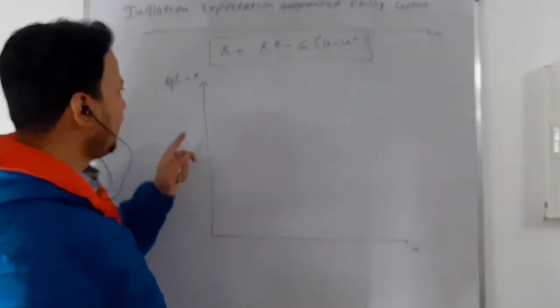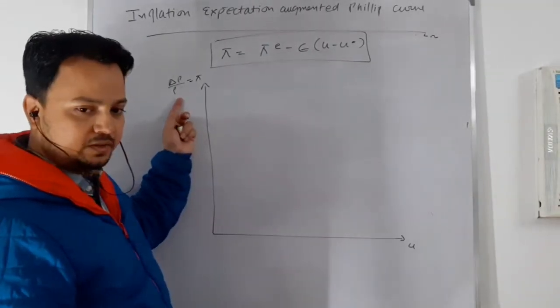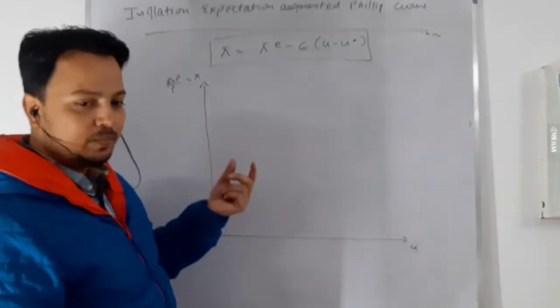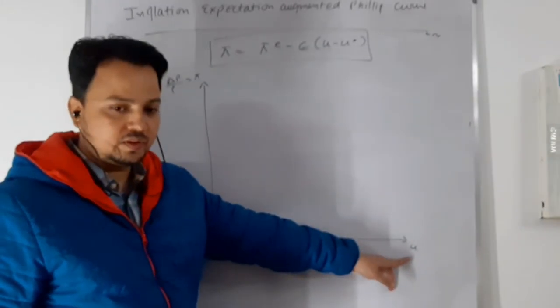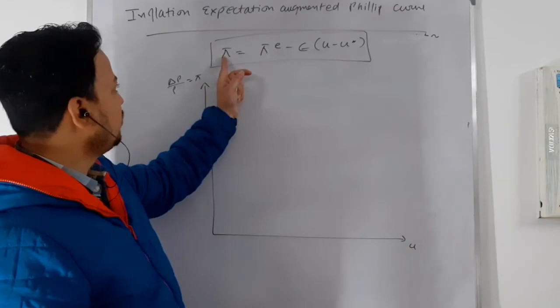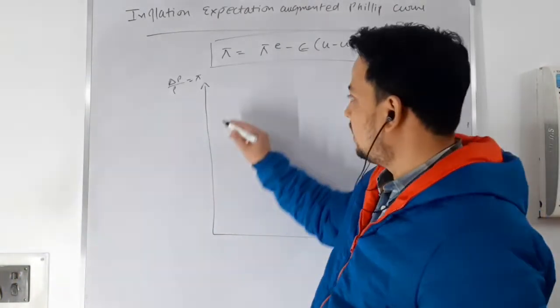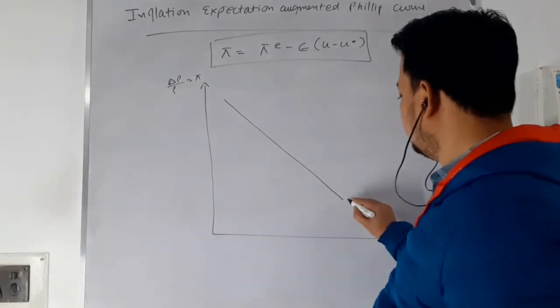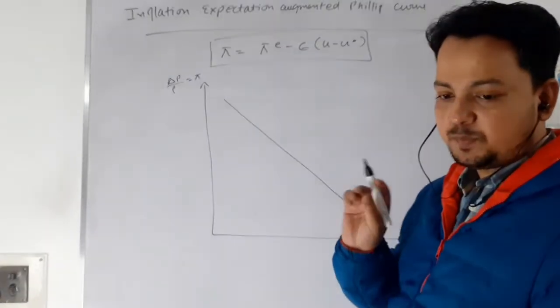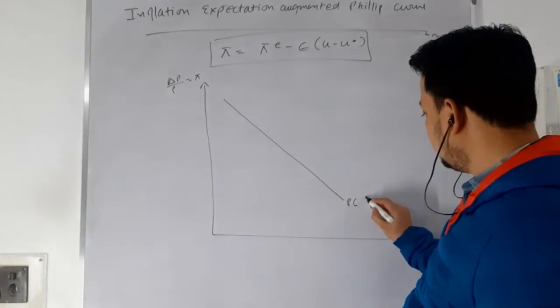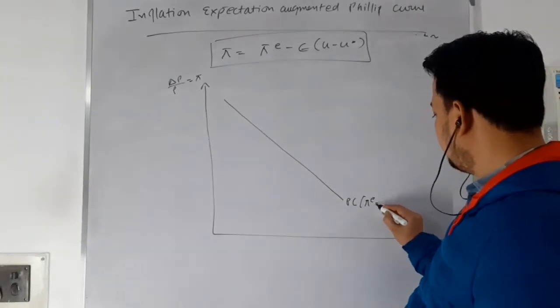I am drawing the Phillips curve with respect to actual inflation, but your unemployment depends on your actual as well as expected inflation. So each Phillips curve that I am drawing will be based on a particular expected inflation. So this is 5%.